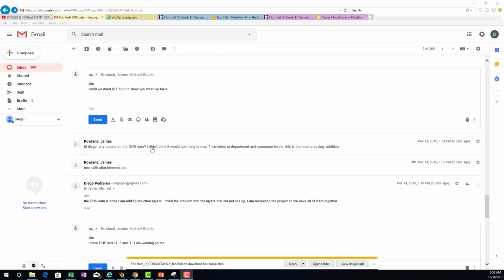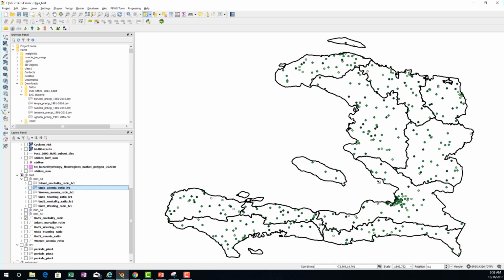Also, Jim, you mentioned that it was only making 7 maps. Yeah, making the maps was not a problem. It's making sure that the values were correct. There were some problems where I was getting no polygon value, even though we had, for example, level 3.